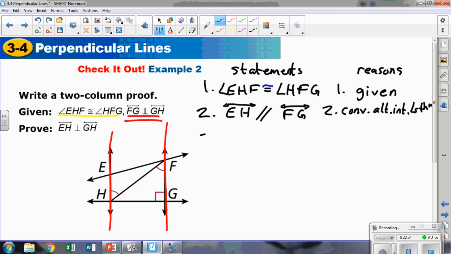Now that we have parallel lines, we'll introduce the second piece of given information. FG is perpendicular to GH, noting that GH is acting as the transversal.